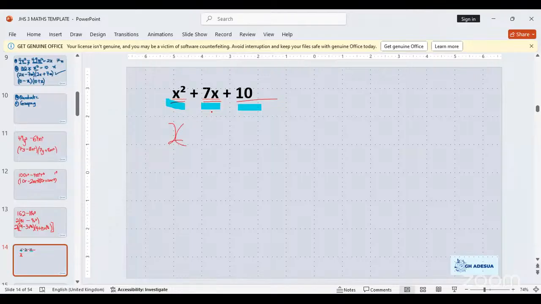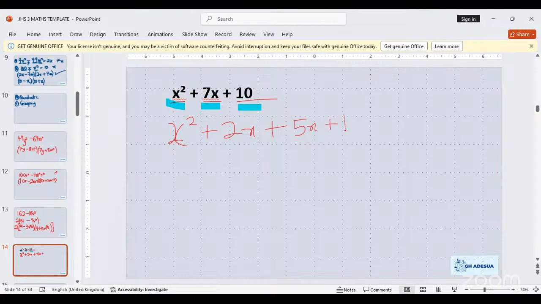So we have x squared, then we use the numbers to split the 7x. So we have 2 and 5. So plus 2x, plus 5x, and then plus 10.